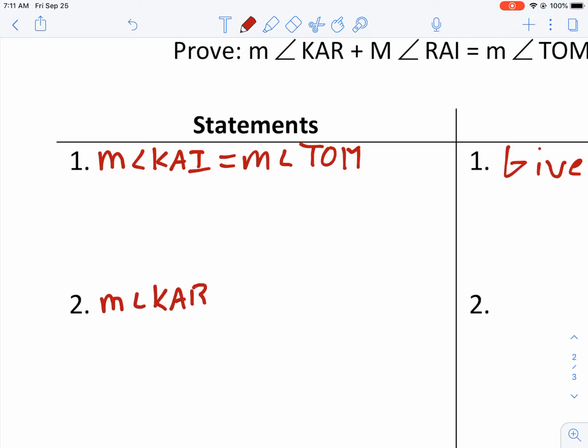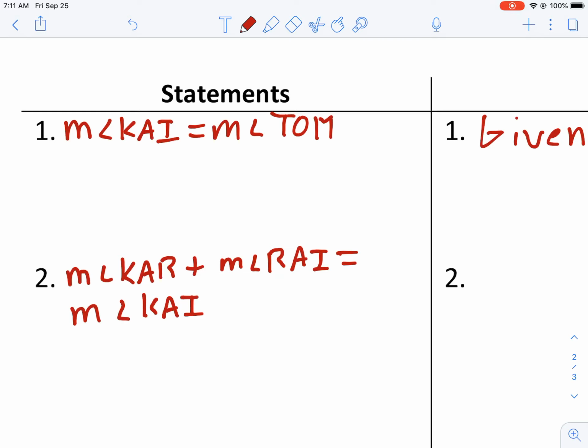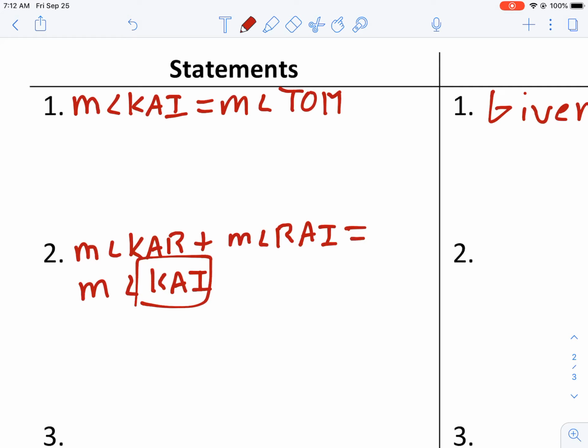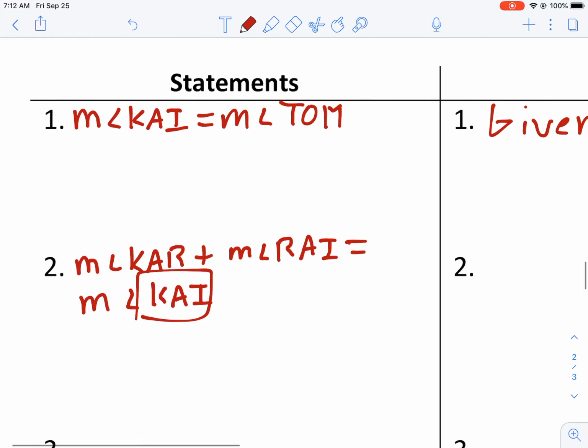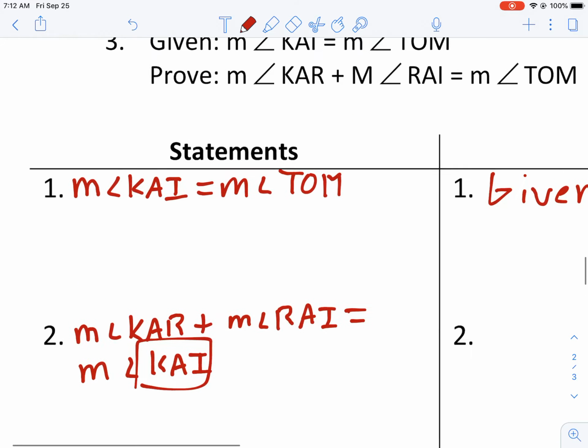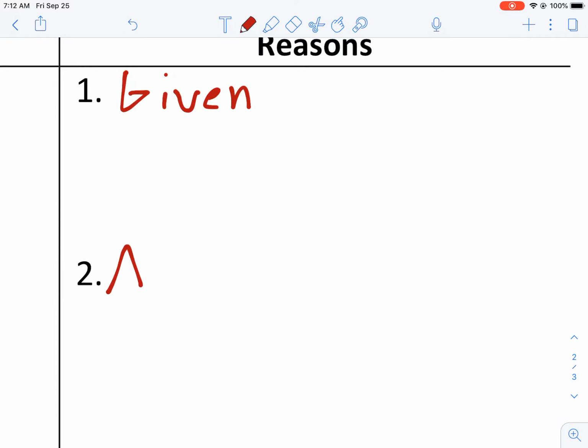Now we've got an equation where KAR is being added to RAI to equal KAI, but we know KAI equals TOM, so we can replace KAI in that equation with TOM. If we do that, that'll give us the equation that we're trying to prove. So this was the angle addition postulate.